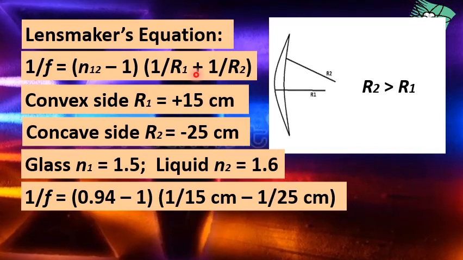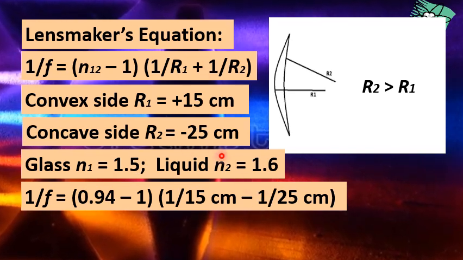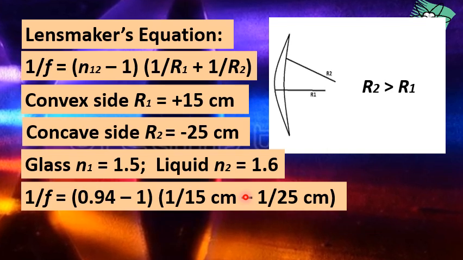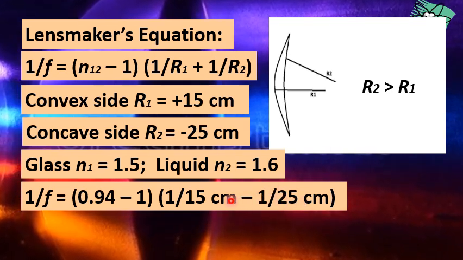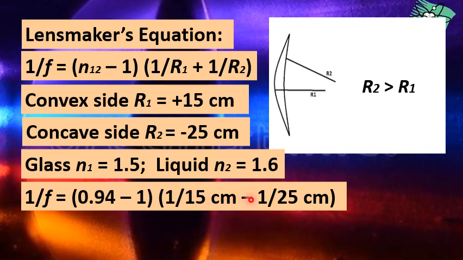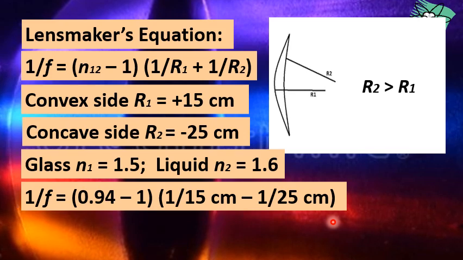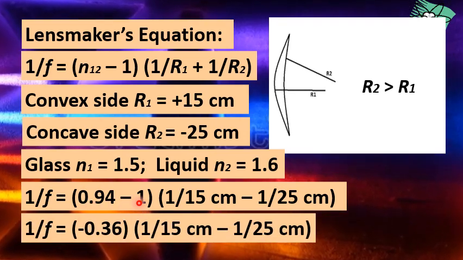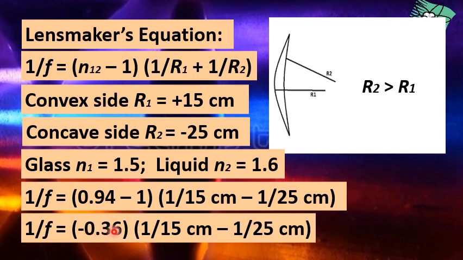The original sign is plus, but since R2 is negative 25, we will have minus 1 over negative 25. So that becomes 1 over 15 centimeters minus 1 over 25 centimeters. When we do our math, all right, 0.94 minus 1 will in fact be equal to negative 0.36.